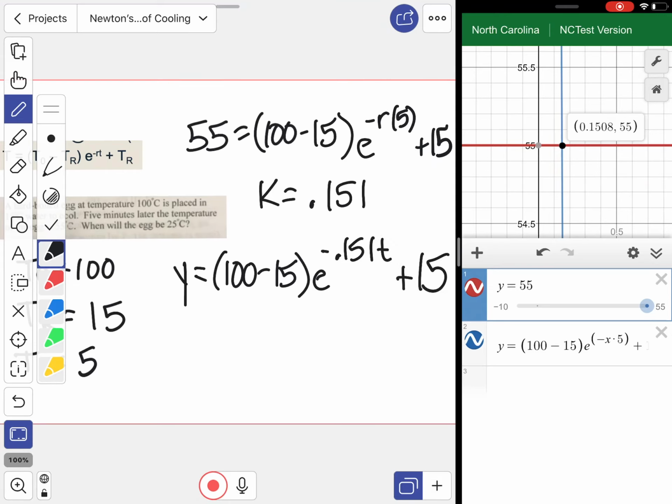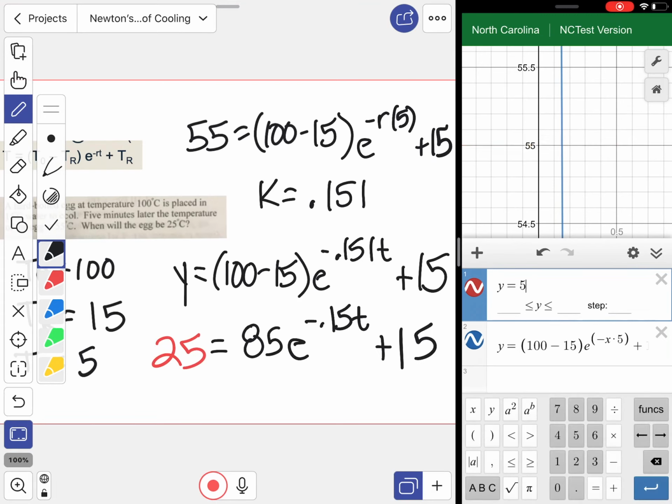So now we can use that equation and figure out how long it will take for the egg to get to 25 degrees Celsius. So now we're going to use it again, and this time we want it to equal 25, and I can go ahead and simplify that. 85, I have negative 0.15 t, so t is what we're trying to solve for because we're trying to find the time.